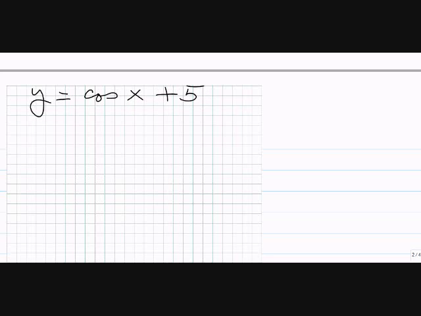The plus 5 is not inside the parentheses, which means I have an up and down shift, a vertical shift. So this is going to be the same thing as the cosine of x moved up 5.